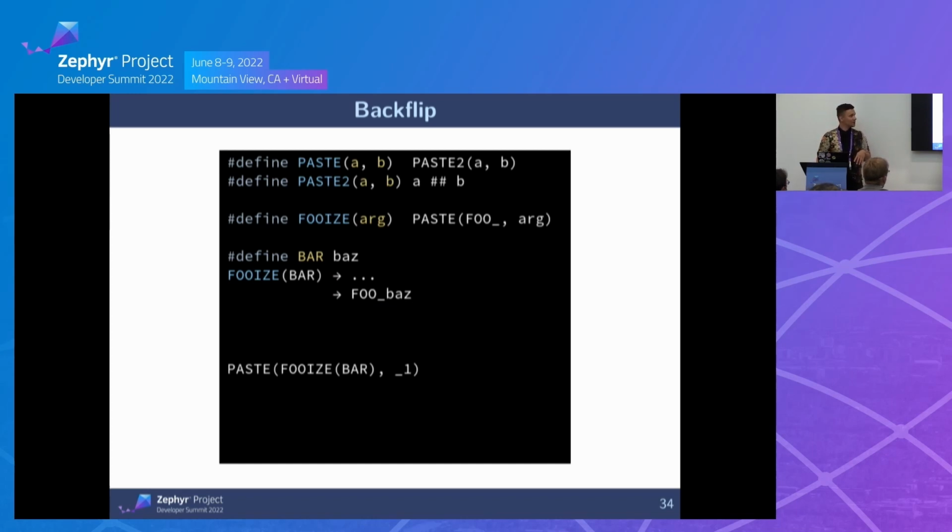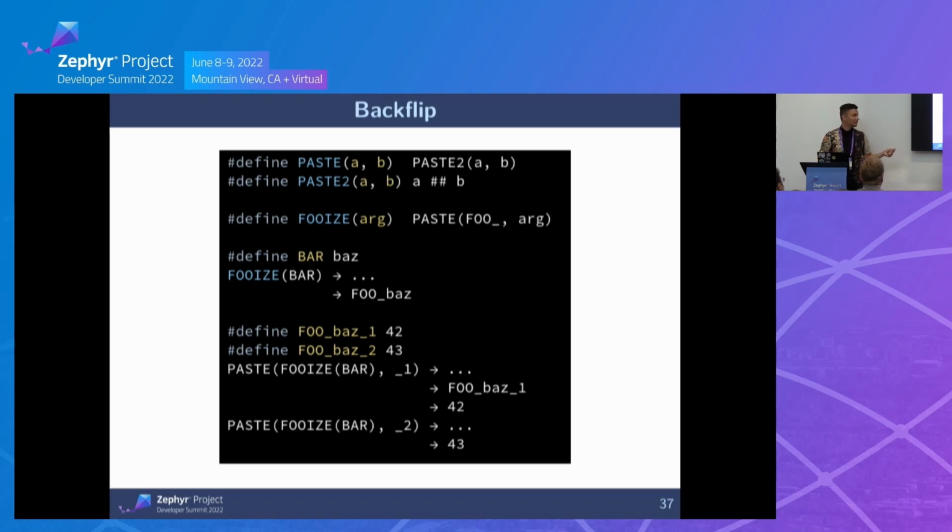So if I paste fooeyes bar with underscore 1, and I have a couple of additional helpers, I will get foobaz, which is what fooeyes bar is, pasted with 1, and then I macro expand that again, and I get this integer value. Similarly, if I use a different argument in the second slot in paste, I get 43, this other thing.